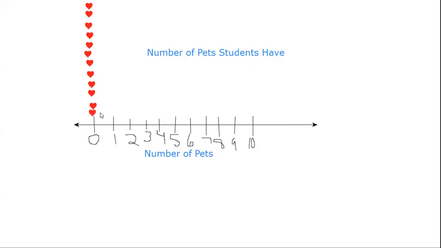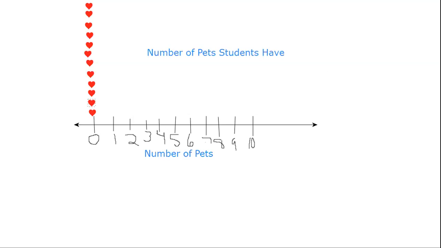See down here? There we go. So nice and a little bit, try to make it a little straight. So let's count that again. 1, 2, 3, 4, 5, 6, 7, 8, 9, 10, 11, 12. 12 students have 0 pets.